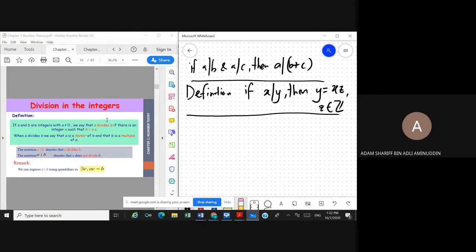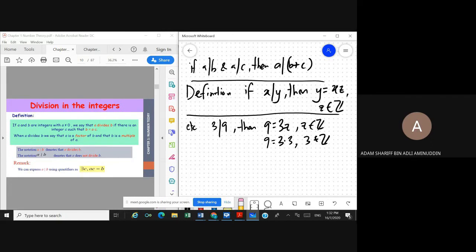Just now, we said that 3 is a factor of 9. Is it true? If 3 is a factor of 9, then it means that 9 equals 3z. This z must be an integer. And based on your knowledge, you know that 9 equals 3 times 3, and 3 is an integer. So that's why 3 is a factor of 9.